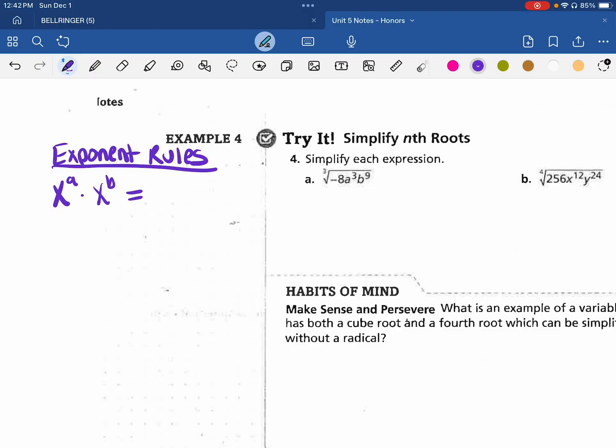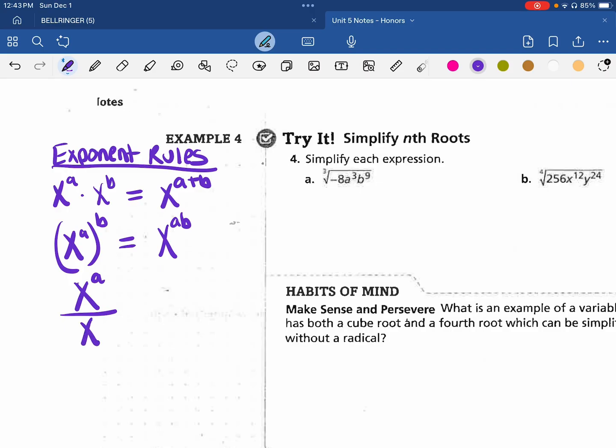When you multiply, you add exponents, a plus b. When you take an exponent to a power of another exponent, that's when you multiply, a times b. When you divide, and the bases have to be the same, by the way, so that's why the x's are the same.